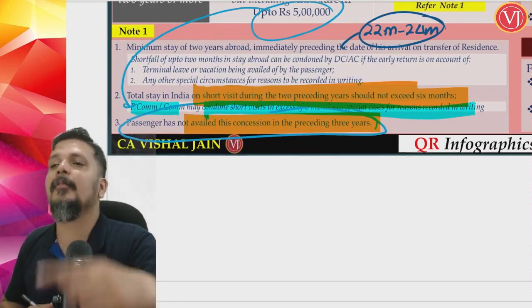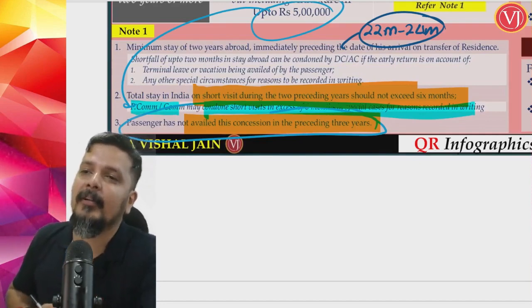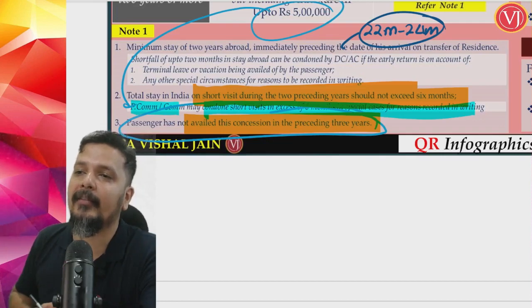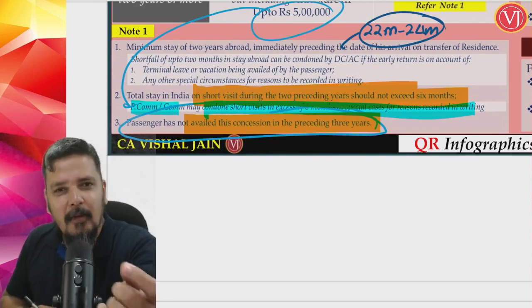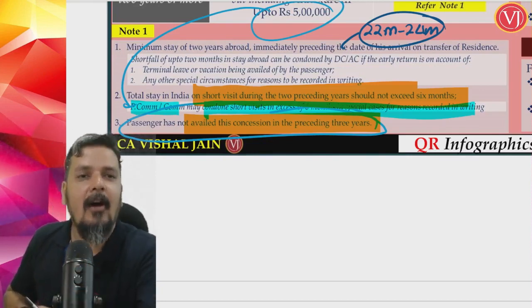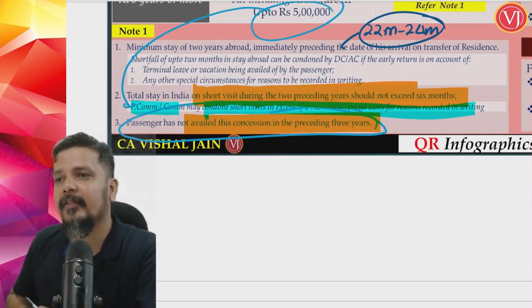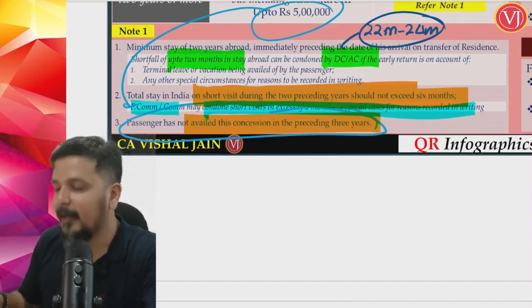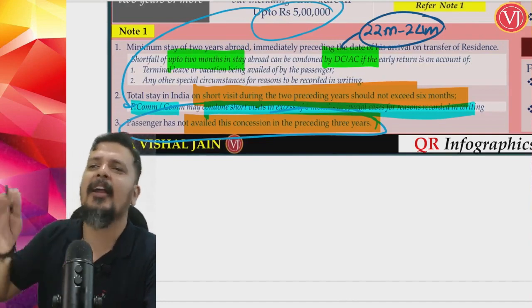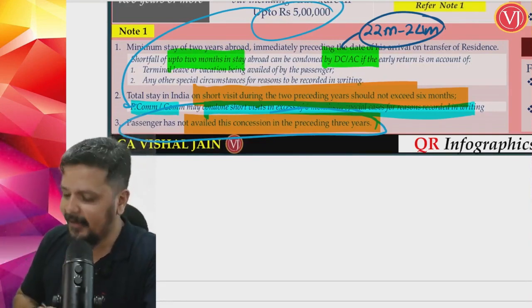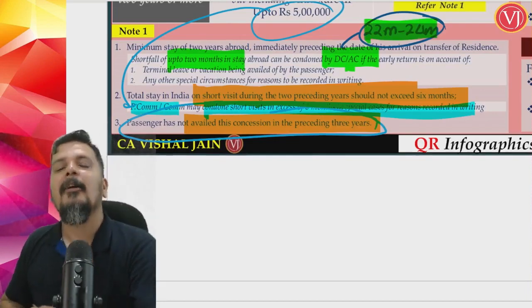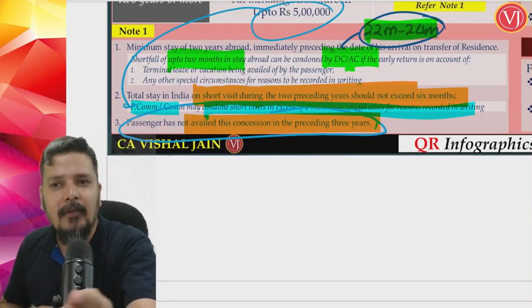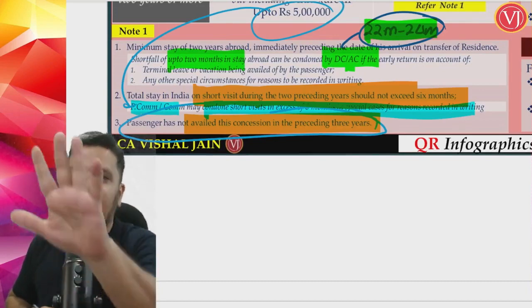Technically speaking, you are eligible for 2 lakhs, not 5 lakhs. But don't you feel that you are losing a lot? Because you have almost touched 2 years. So what you can do for a shortfall of up to 2 months, you can make an application to the AC, DC, a lower officer, and tell him, please ignore the shortfall of 2 months and give me the benefit of 5 lakhs.